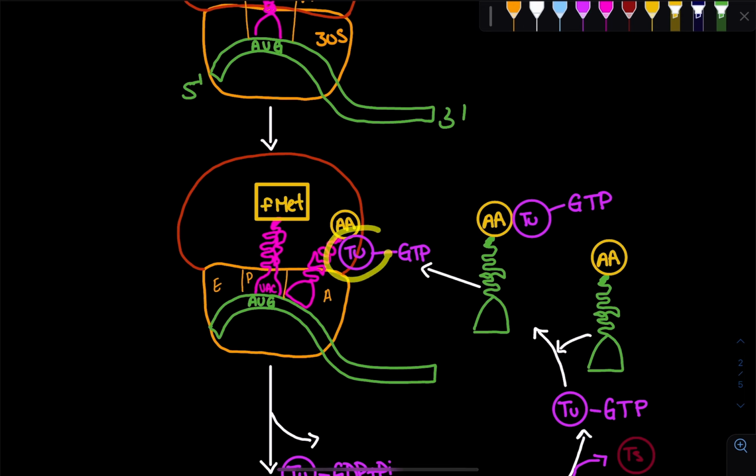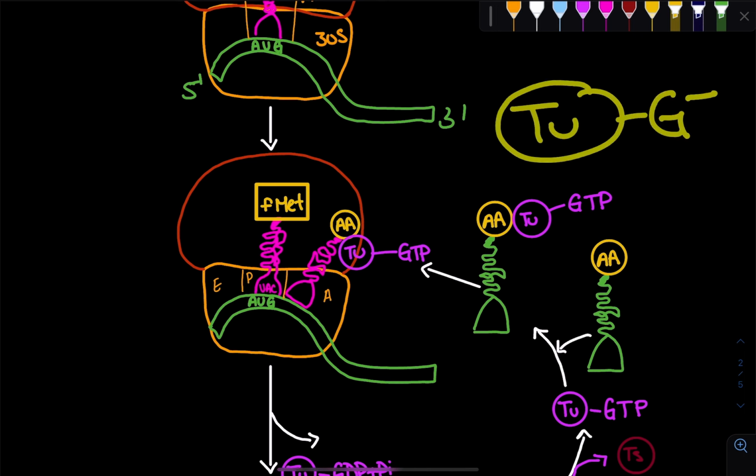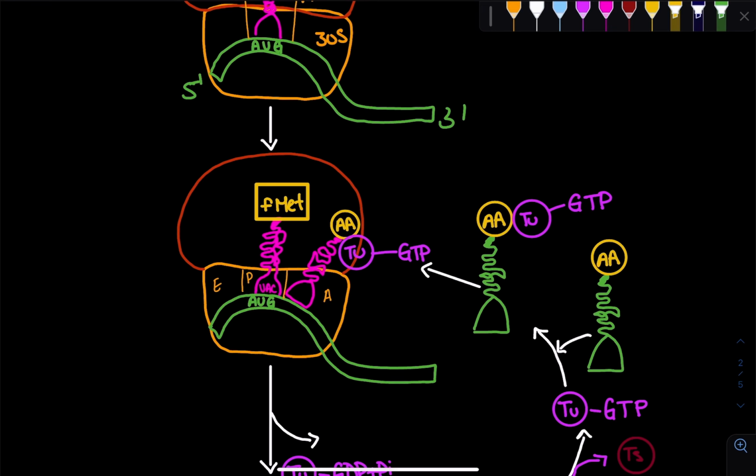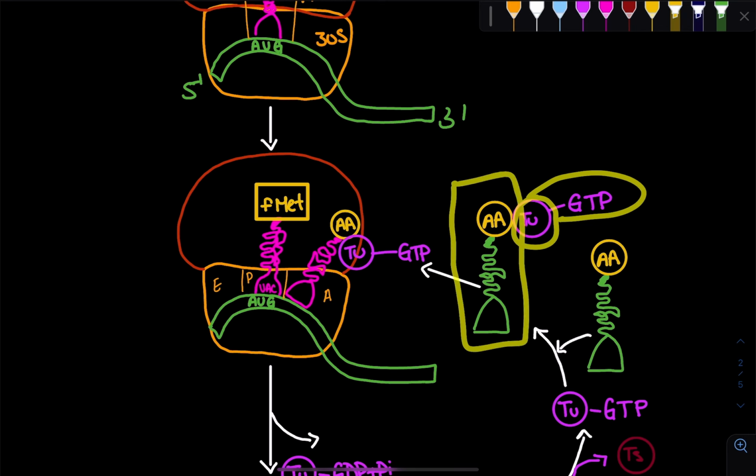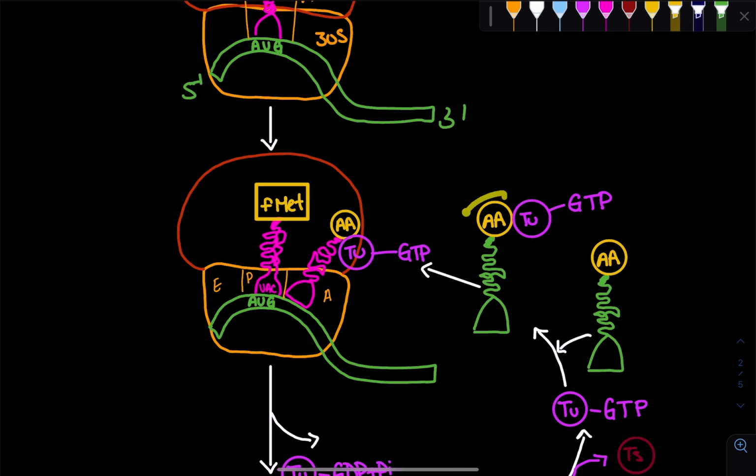So our first elongation factor is called thermounstable, TU. Thermounstable is bound to a GTP. And this thermounstable elongation factor bound with a GTP is going to bind with the tRNA, with the amino acid bound, and it brings it into the A site.